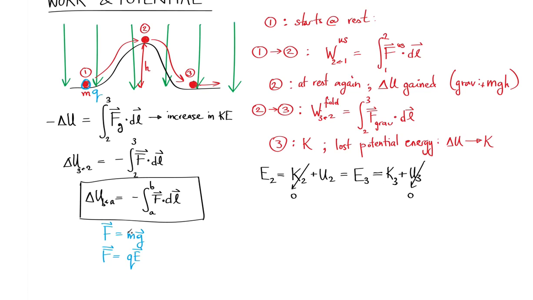G goes to E and M goes to Q. So in that case now, for electrostatics, we would have the situation that delta U, the change in potential, and I'll write that as BA, is going to be equal to minus the integral from A to B of Q times E dot dl.